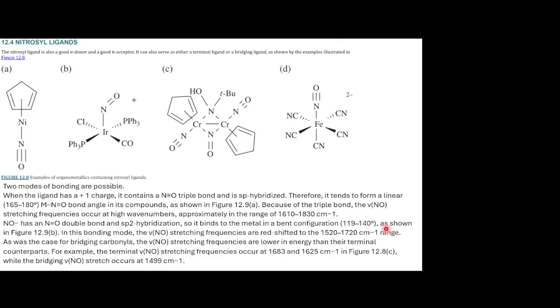These things are going to be very, very variable because they only have to overlap with d orbitals on metals that are fairly large. And so you're talking about extremely polarizable orbitals, right? That can bend a lot. And so we can actually get a lot of deformation to give us the least amount of steric hindrance possible.